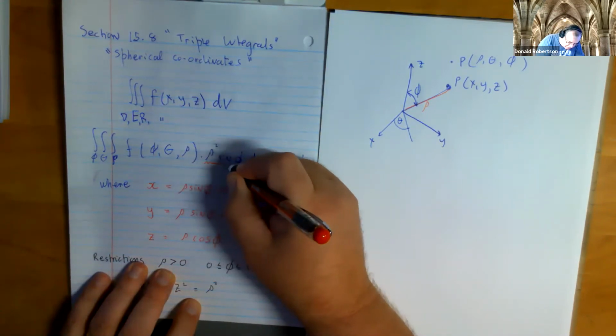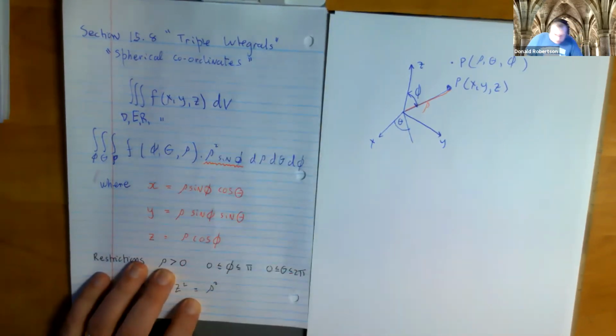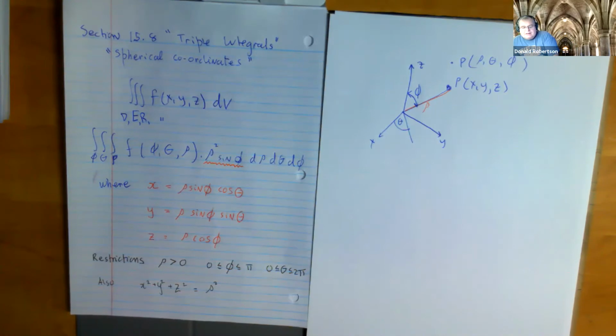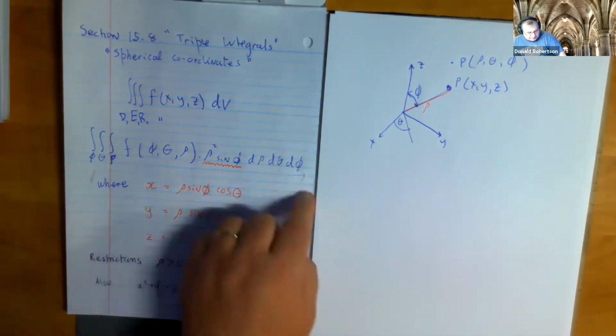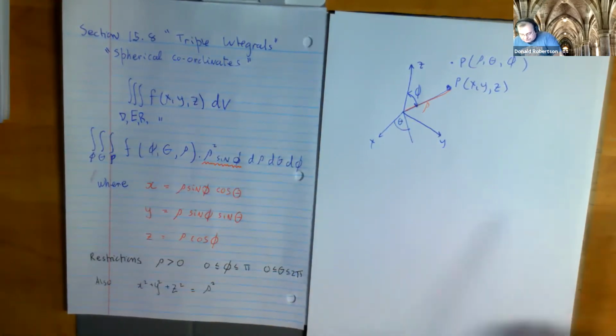And I double checked, because that's something I always forget: this is the extra little bit that you need to always have. You remember the r dr d theta thing, right? That extra r. Here it is rho squared sine phi, and then you've got your three variables.